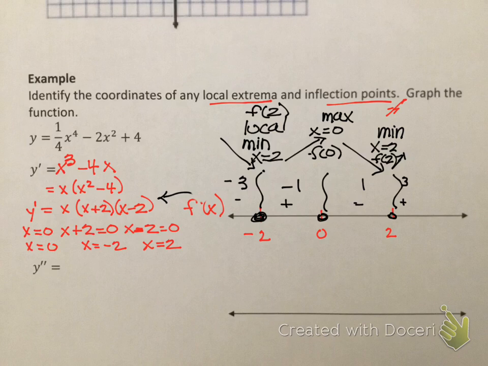Let's do the second derivative work. I'm looking back up here. So I would have 3x squared minus 4.